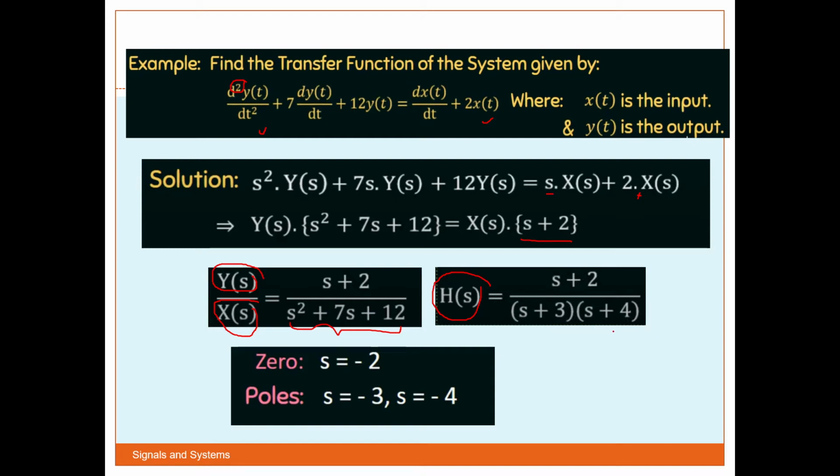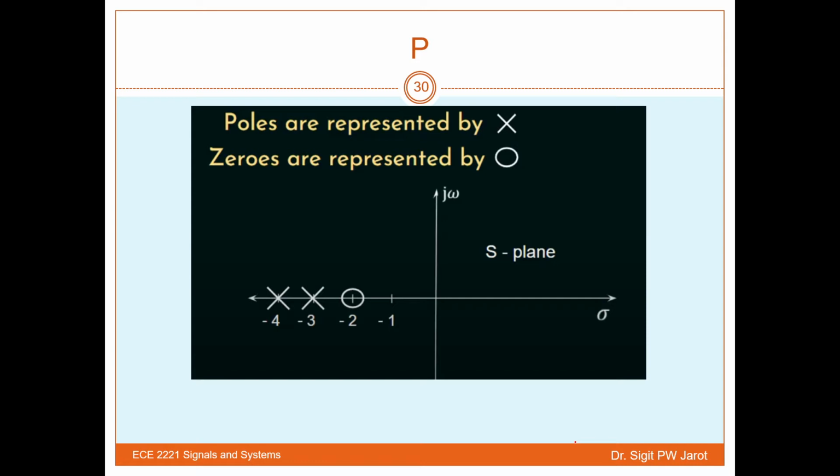So this is the denominator, which is known as the poles, and this is the numerator. At the top we get the zero at s equal to minus 2, and the poles at s equal to minus 3 and minus 4. Okay, so now we want to plot the zeros and poles in the s-plane.